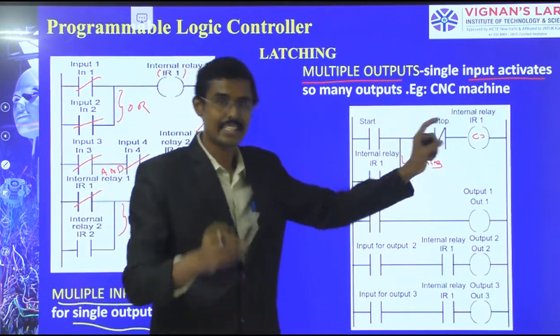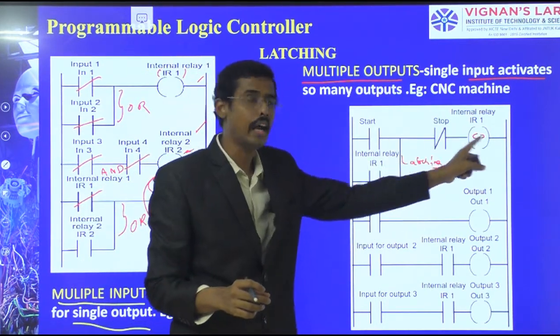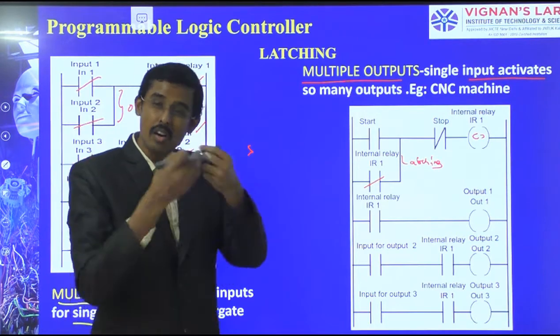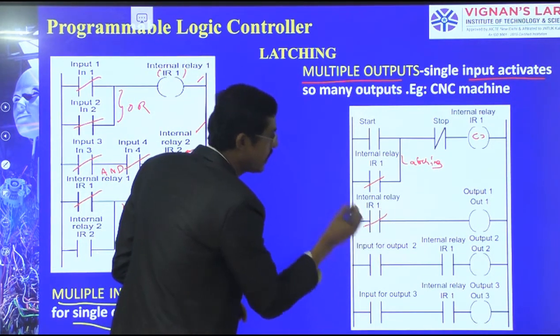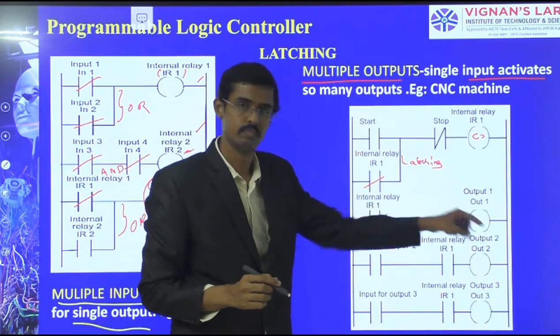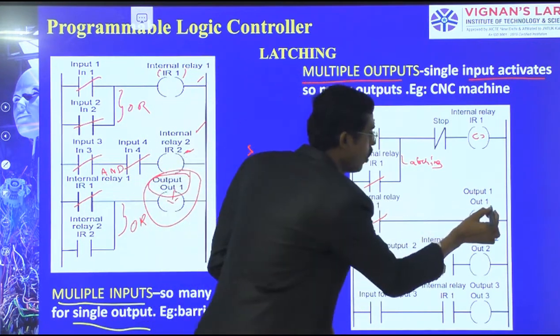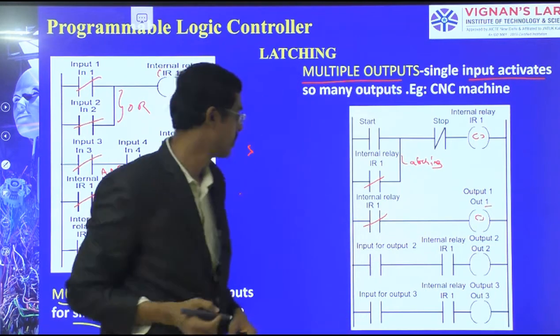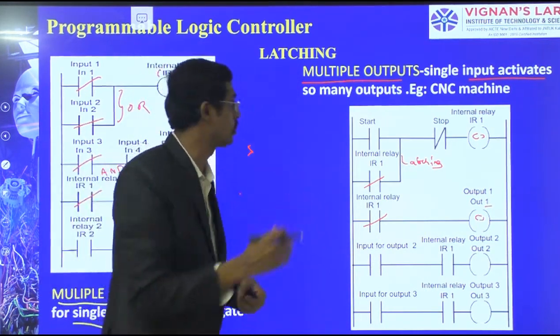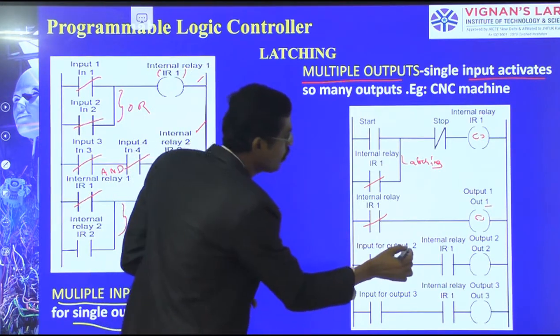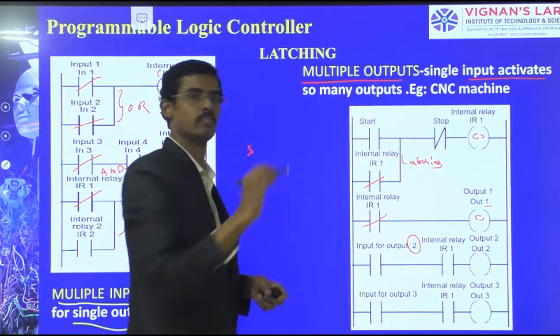At the same time as internal relay 1 activates the latching, it also activates the second rung. The second rung also activated, and therefore we are getting one output, which I named output 1. Here it is activated. And now I am giving the second input, as I want to do output 2 now.